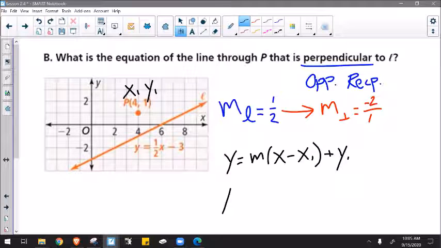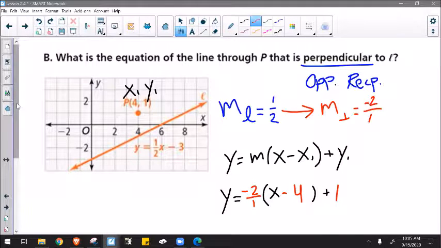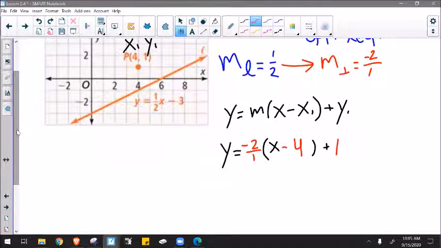All right, so we get y equals, we're going to keep everything the same except for x1, y1, and m. So we have -2/1 x minus 4 plus 1. All right, so again, this is your point slope.